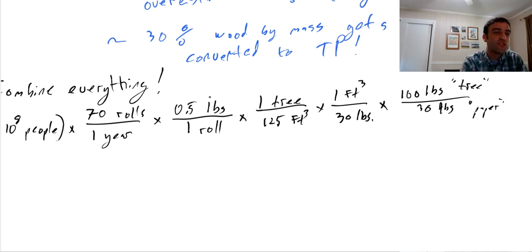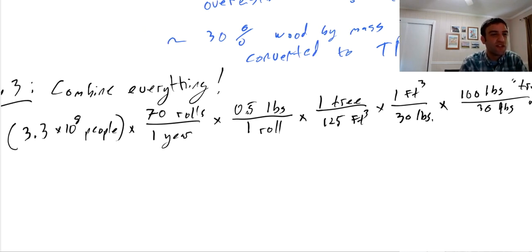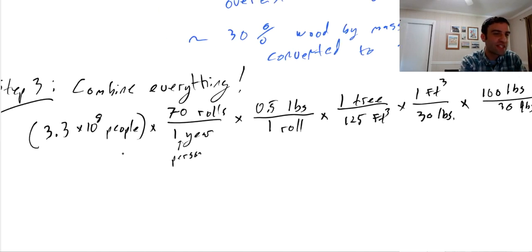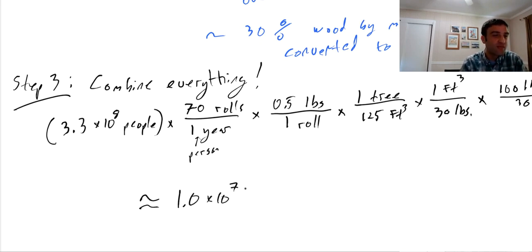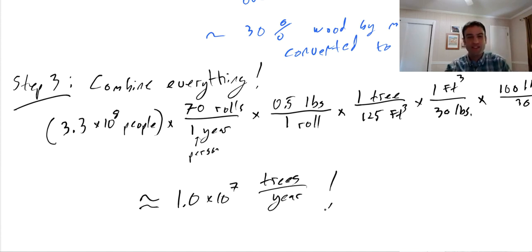And if you're doing these units carefully, you would distinguish, this is half a pound of paper, this is pounds of tree, this year is really person years to make the units actually work out. But there you go. We have this extended sequence of factors that we can all combine together. And if you do the multiplication, that works out to about 1 times 10 to the 7 trees per year. Okay, step 4.